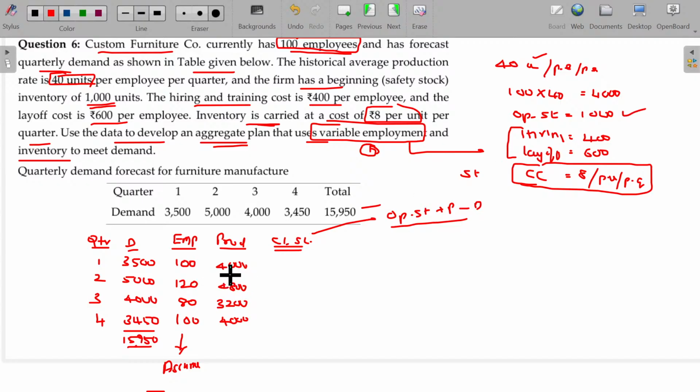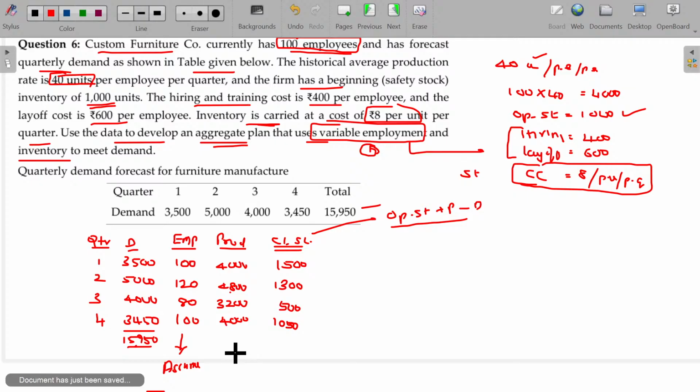With that, the production 4,000 is added. 5,000 minus 3,500, 1,500 we have the stock. 4,800 plus 1,500 minus 5,000. Now what happens? 1,300 will be the closing stock. Here 4,500 minus 4,000, 500 being stock. Finally 4,500 minus this one, 1,050 will be the stock we have.